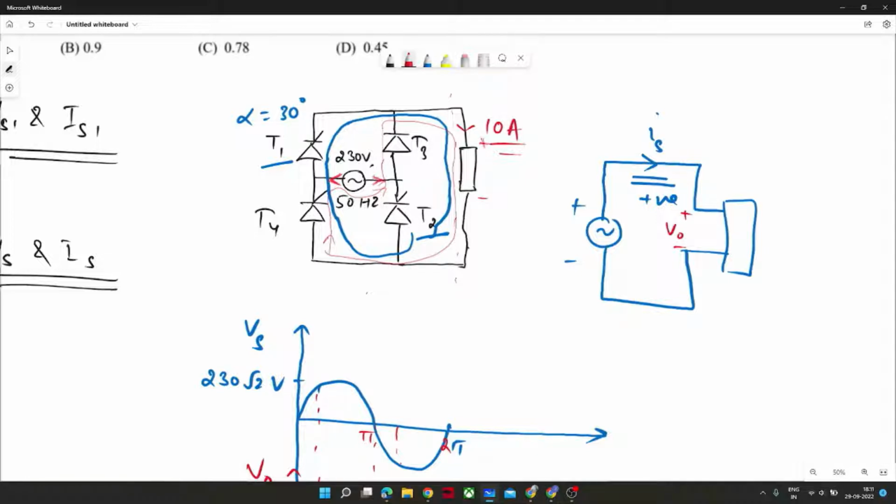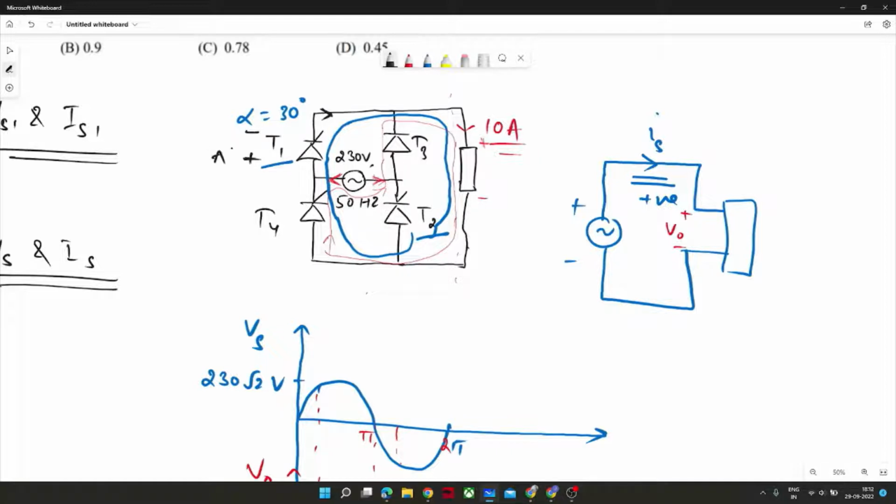T1 is in the up direction, no? Let me show you. T1, the conduction happens from anode to cathode, right?